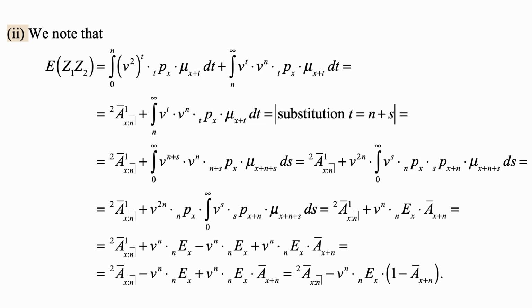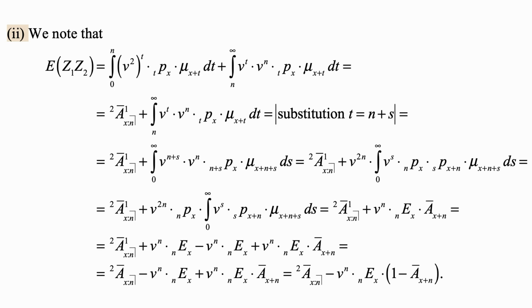And still 2A bar x:n angle 1 plus, now we pull out v to the 2n times the integral from 0 to plus infinity of v to the s times npx times spx plus n times mu x plus n plus s ds. Then we still have that second moment. We put v to the n times npx in front. That becomes the integral from 0 to plus infinity of v to the s times spx plus n times mu x plus n plus s ds.